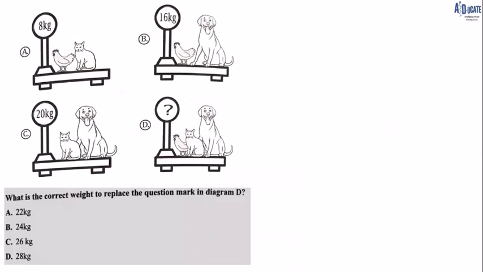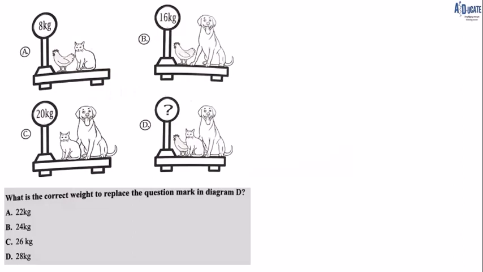One way is pretty long, but another way, if you don't have the time, would be to just try the options. Since it's multiple choice, see which option works. So we're going to go in order, or we're going to start from the bottom. What do you think?